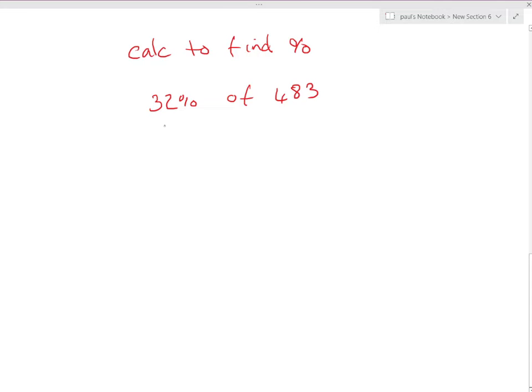So on the calculator, change this to a fraction. 32 hundredths times the number 483. So get the old calculator out on this one. So 32 divided by 100 times 483, which is 154.56.